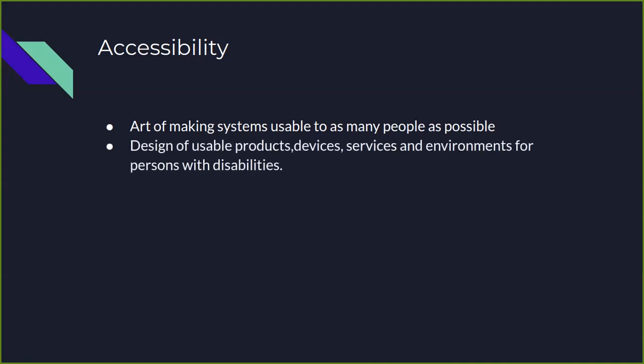Accessibility can also be defined as the design of usable products, devices, services, and environments for persons with disability. So you are designing a product or service, and you are considering people with disability.